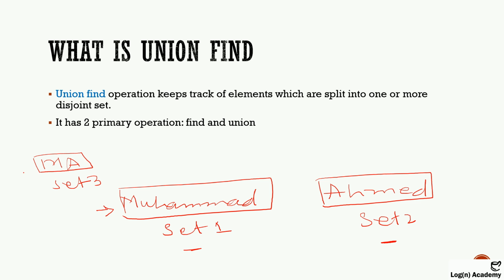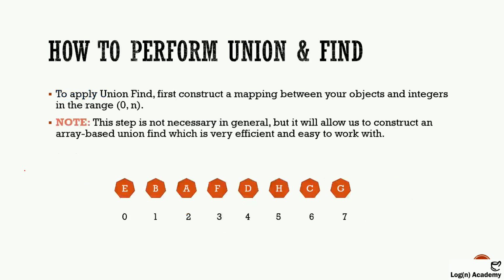And how this works, I'll show you in detail, so don't worry about that. Now, how to perform union and find. To apply union and find, first construct a mapping between your objects and integers. I have some elements with me, and these elements are marked with some numbers.